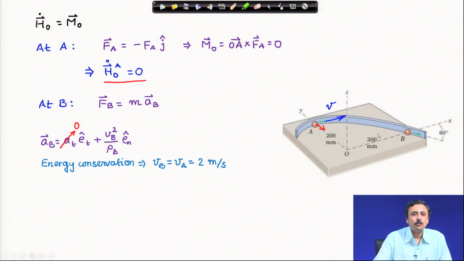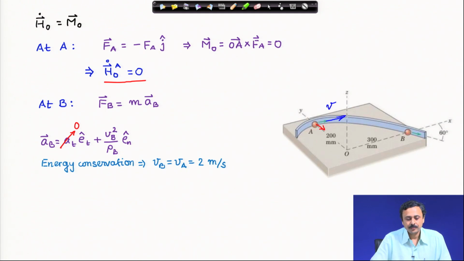There is no force acting in the tangential direction, there is no friction, etc. So, there is no force tangential to the path of the particle. I have used that tangent normal coordinate system to represent this acceleration. Therefore, we have only the acceleration along the normal, which is v B square by radius of curvature of the path.